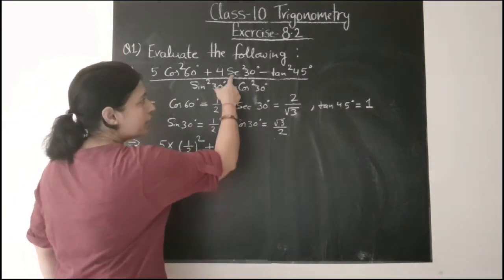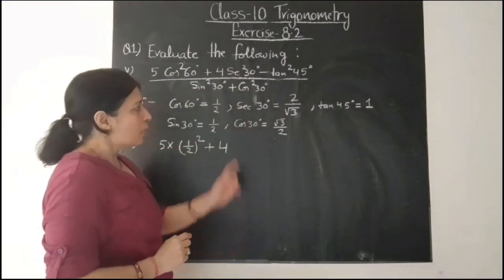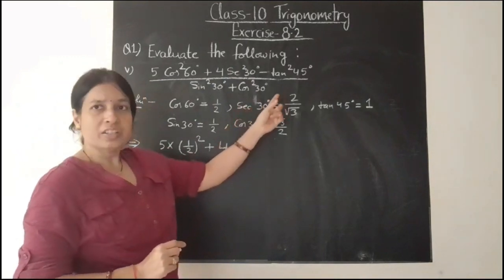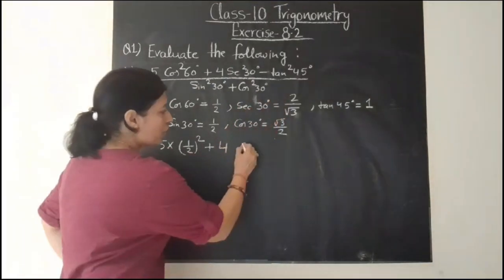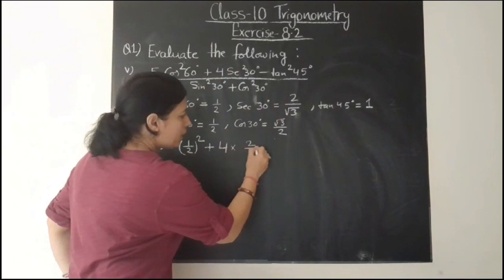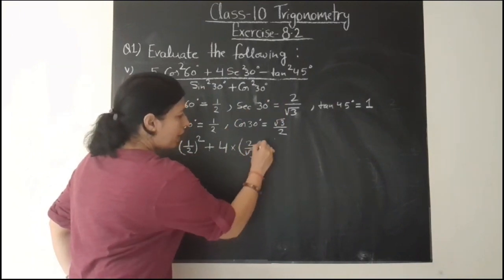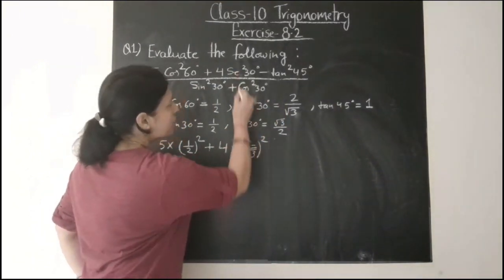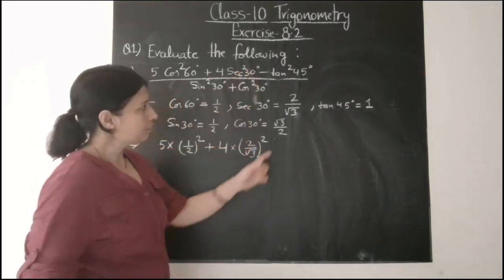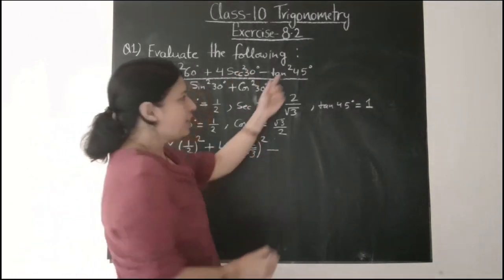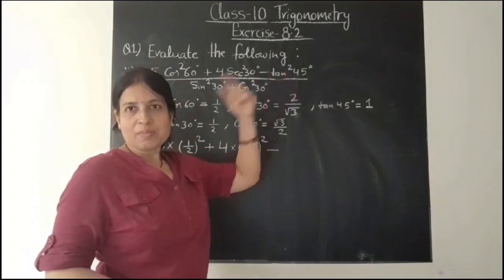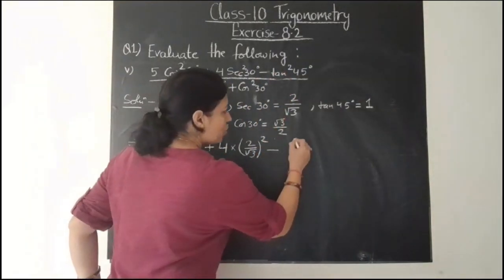It is given. Then sec square 30 degree. So what is the value of sec 30? Sec 30 is equal to 2 by root 3. So write first here 2 by root 3, and squaring because it is sec. Minus tan square 45. Tan 45 is equal to 1. So write here square of 1.